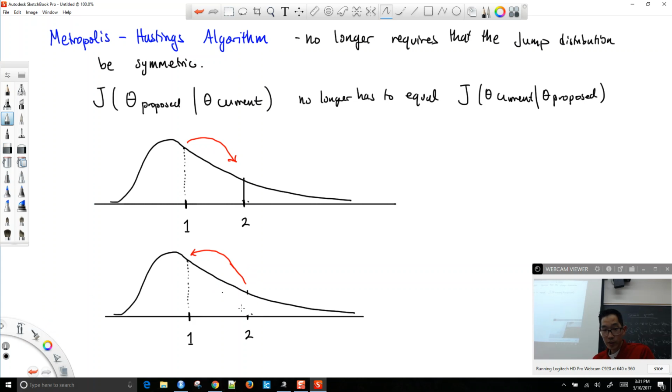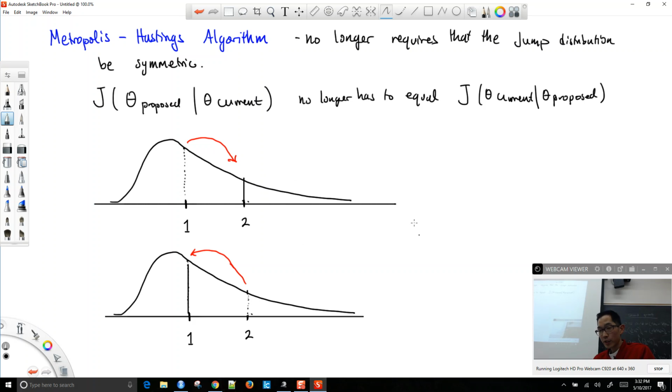If we start here and ask what's the probability that we end up that way, the probability of proposing this value starting over here is not the same. So the probability of going from here to here is no longer the same as the other way.